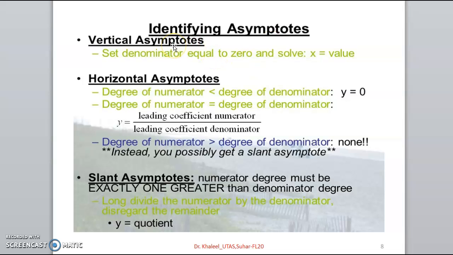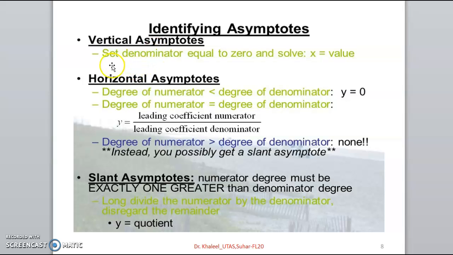So how do we find or identify the asymptote? The first, to find the vertical asymptote, we take the denominator equal to 0 and solve. Whatever value of x you get, x equal to that value is the equation of the vertical asymptote.